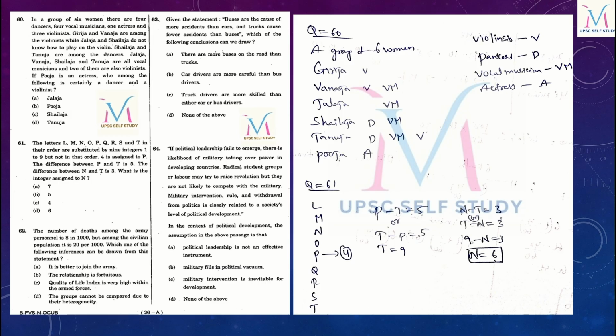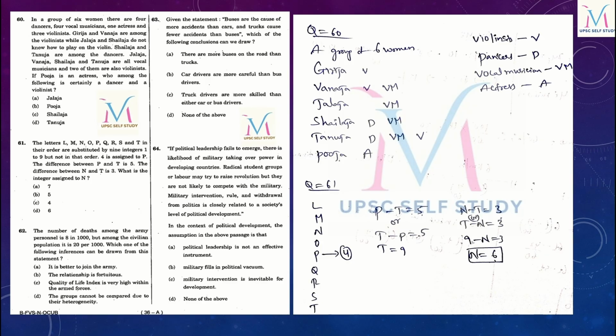Statement A: it is better to join the army. B: the relationship is fortuitous. C: the quality of life index is very high within the armed forces. D: the groups cannot be compared due to their heterogeneity.